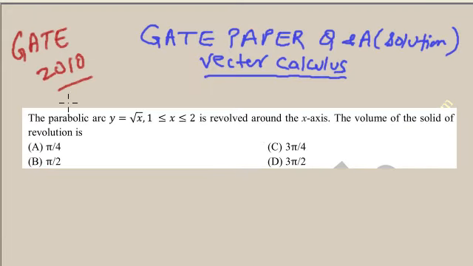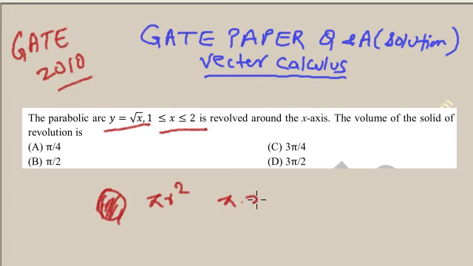Here is another question from GATE 2010. The parabolic arc is this, and if you revolve this in this range, you are required to find out the volume. You can get the volume by first calculating the area of revolution and then integrating it. The area of revolution is pi r square, where r is root x, so pi into root x whole square, means pi x.